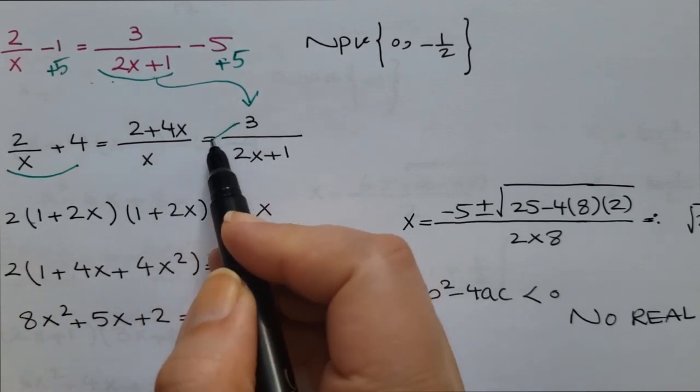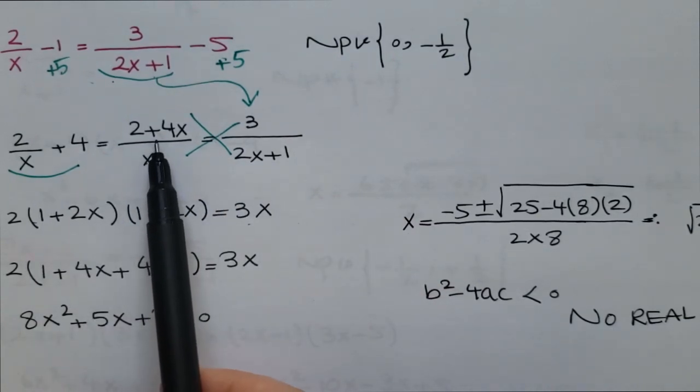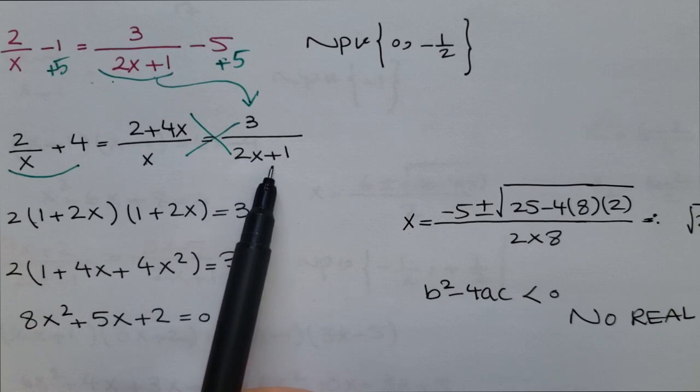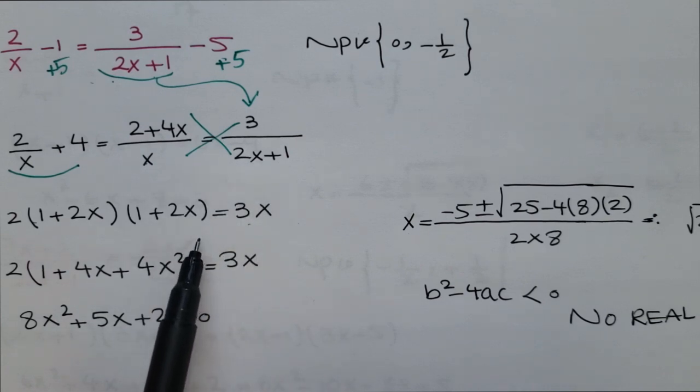From here, I can do cross multiplication. 3 times x equals, I factorize a 2 from this one. This turns into 2 times 1 plus 2x. And this one is also, if I just change the order of the terms, 1 plus 2x.